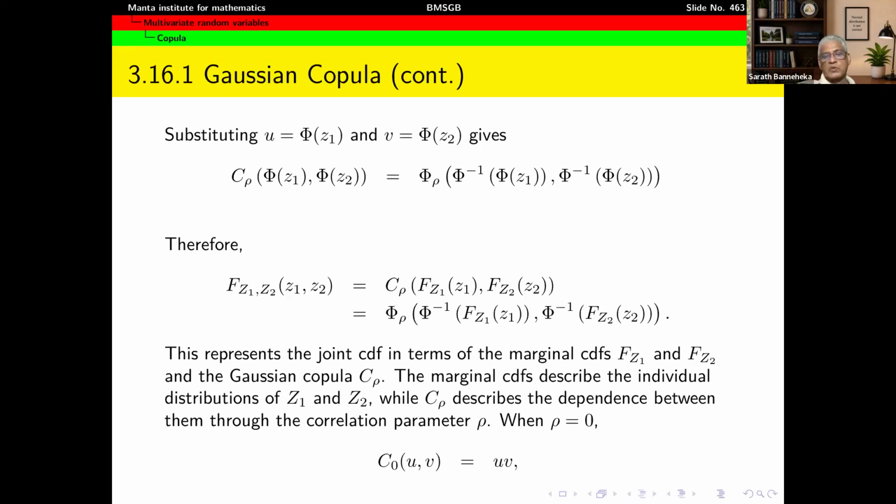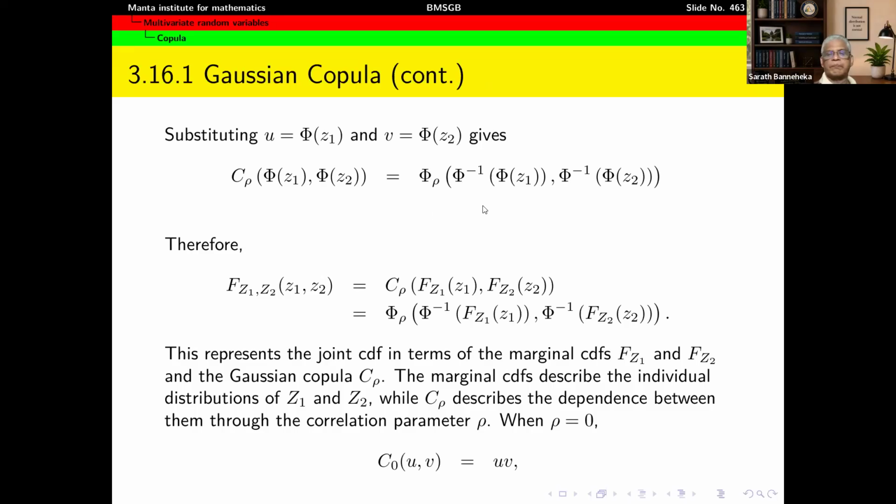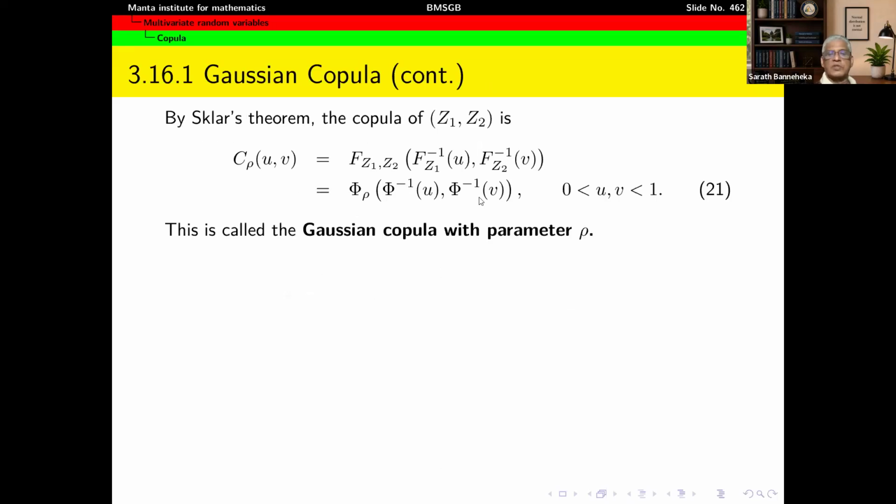For example, when rho is equal to 0, if I go back to the simple formula, this thing, which is equal to the joint CDF, we can show that it is equal to U times V. When you substitute rho equal to 0 into the expression, you will see that this function is equal to U times V. It's not directly visible from this expression because the joint density is a very complicated function.